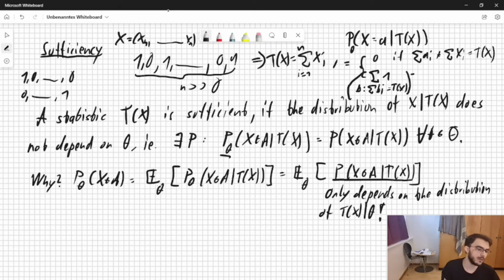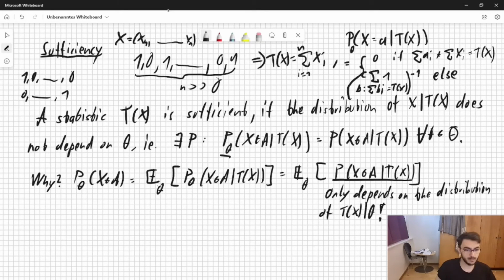So the probability of a is 1 over this sum. Both of these expressions have nothing to do with theta, so we can summarize the whole sequence of coin tosses into just one value, which is the sum. That's a much smaller size than whatever the size of n is.